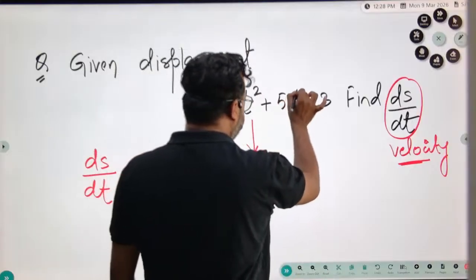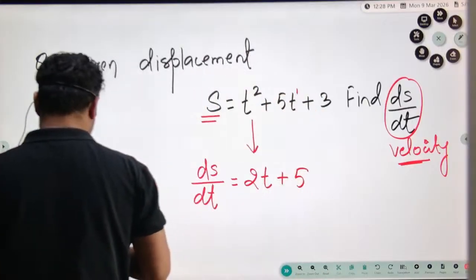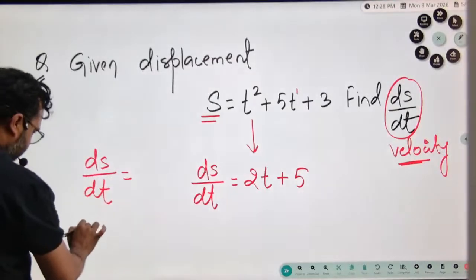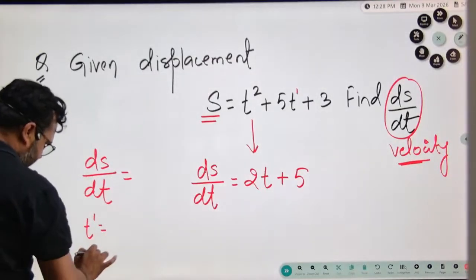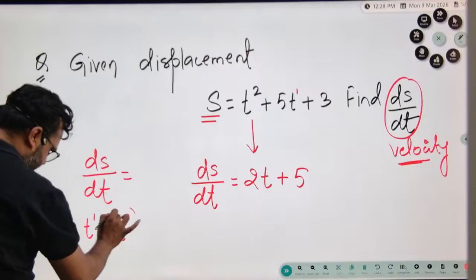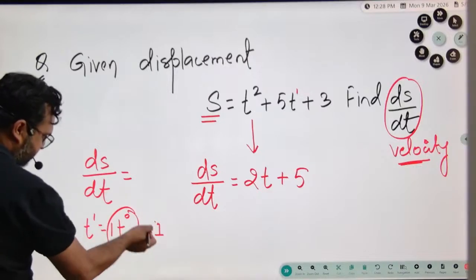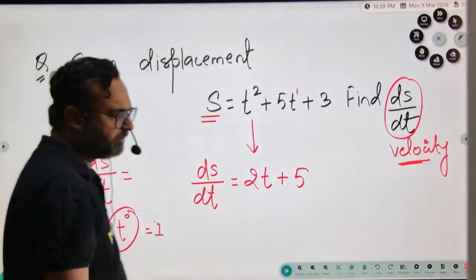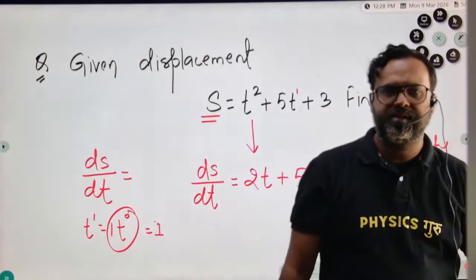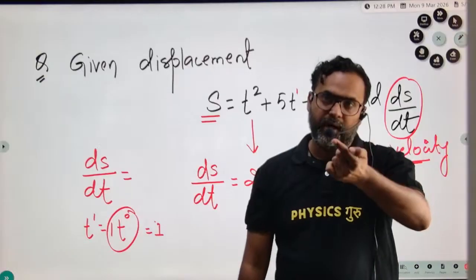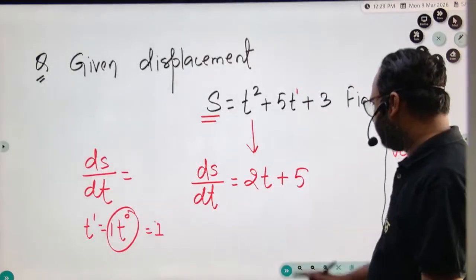Why? Because by default the power of t is 1, and 1 minus 1 is 0, so t to the power 0. Anything raised to the power 0 is always 1. So the required answer is 2t plus 5.